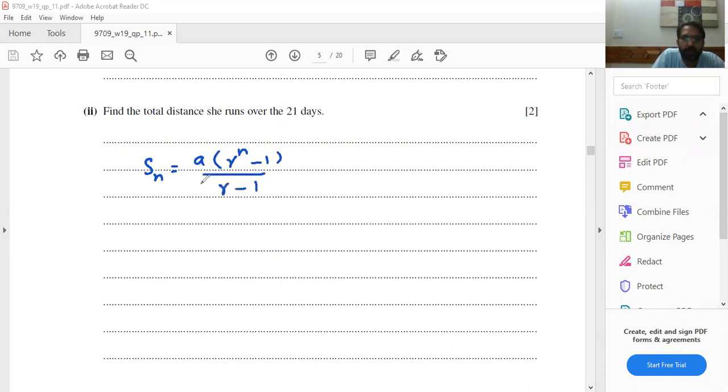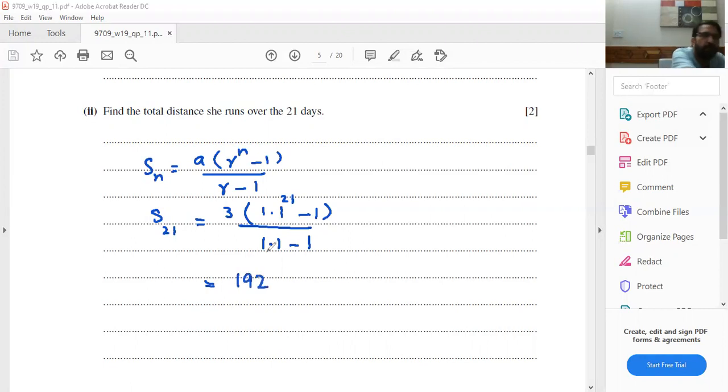You don't have to write this formula. You can directly place the values, n as 21. Our a was found, that was 3. r was 1.1 and power n means 21 minus 1, over 1.1 minus 1, and you just place all of these values in your calculator to get an answer equal to 192.